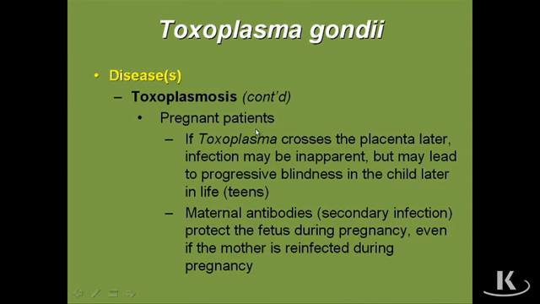So if toxo crosses the placenta, the fetus can be born looking asymptomatic, okay? And all of a sudden in the late teens, early 20s, they start to lose their eyesight, and that's irreversible. So if you come across a question like that where somebody's losing their eyesight a little bit later in life, not necessarily as a child, and they want to know what congenital infection it is, it's going to be toxoplasmosis.